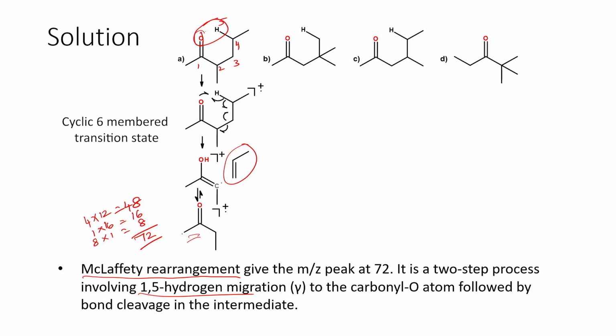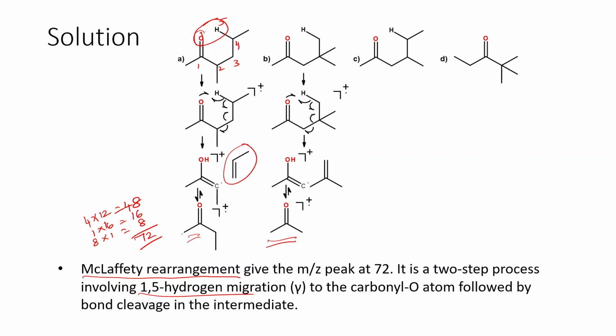Let us look at the other cases also, to rule out that other compounds can give this M/Z 72 on McLafferty rearrangement. When we look at option B, we have acetone as the final product. So here only 3 carbon atoms are there. 3 carbon atoms is 36, oxygen is 16, and we have 6 hydrogen atoms.